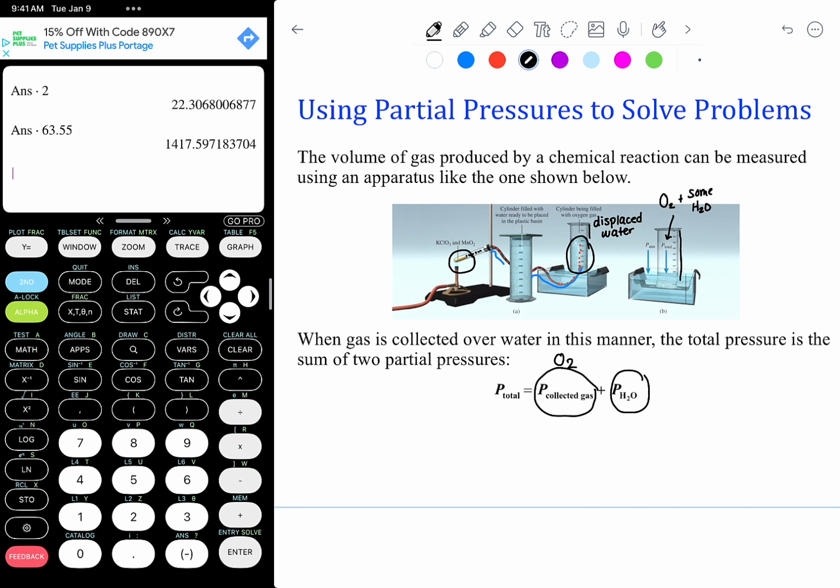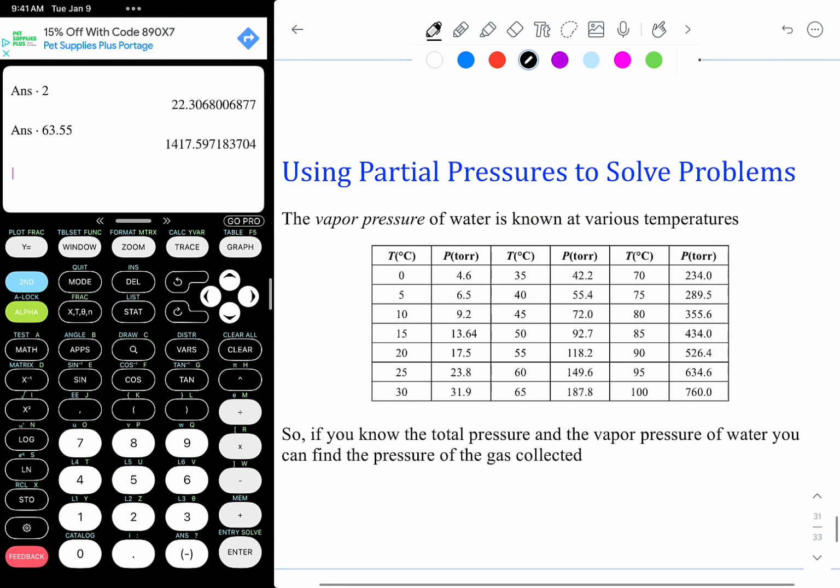So we have to be able to know the exact pressure of the gas that is not mixed with water. So to do that, we have to know the water vapor pressure. So the vapor pressure of water is known at various temperatures. At 0, it's 4.6. At 15, it's 13.64. At 45, it's 72, and so on. So the vapor pressure of water is going to vary at different temperatures.